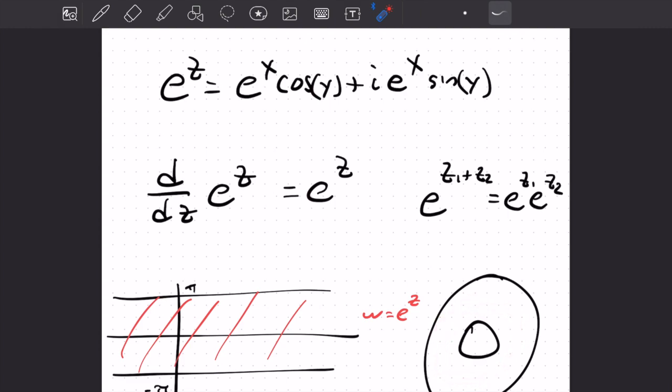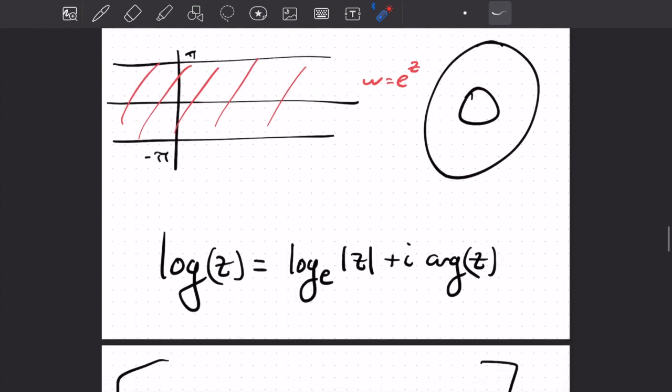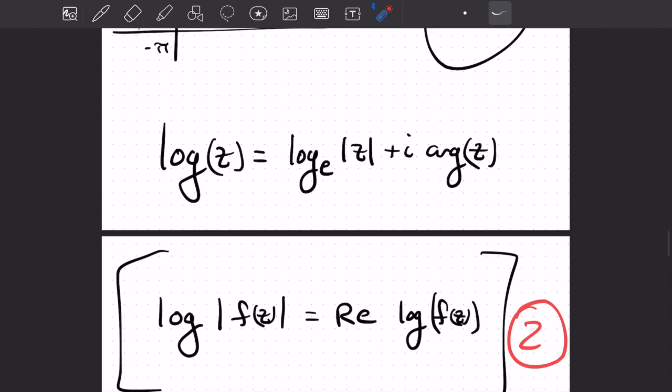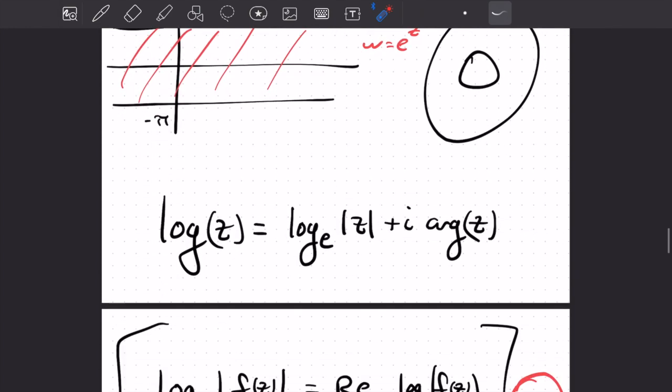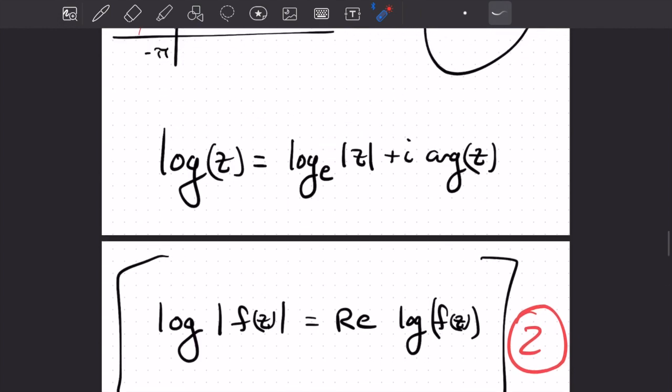So okay, that's the exponential, but we're really after the logarithm. So we think about, well, what would the inverse of this function look like? And if you spend some time thinking, you can see where this is the argument, and this is the natural logarithm of the modulus. And the second fact we're going to need is if we take the log of the absolute value of a complex function, that's equal to the real part of the log of the function.